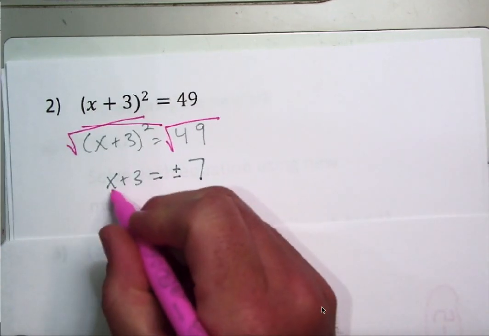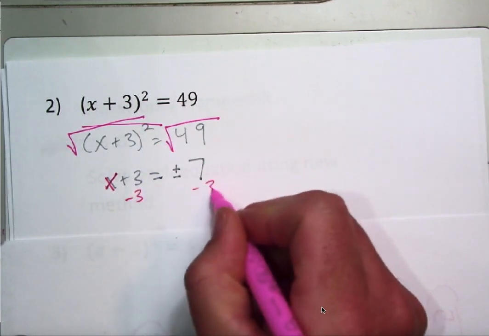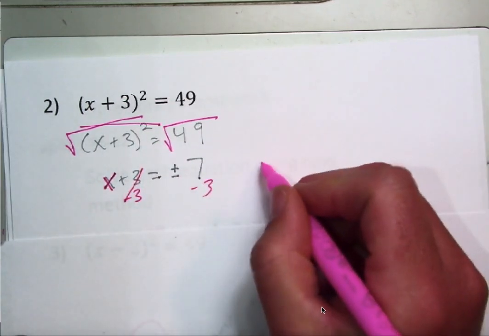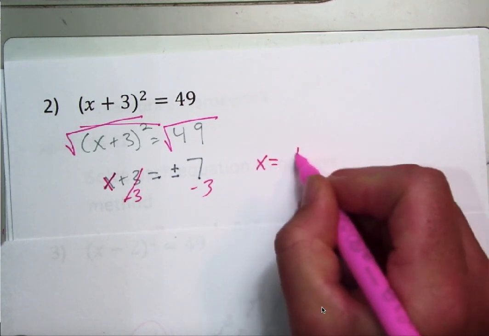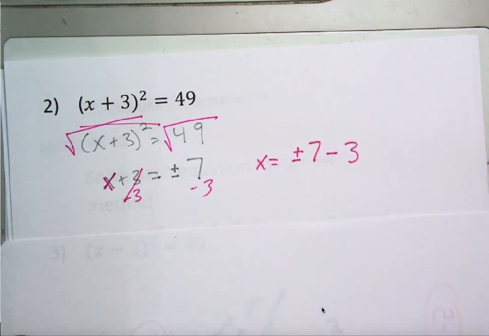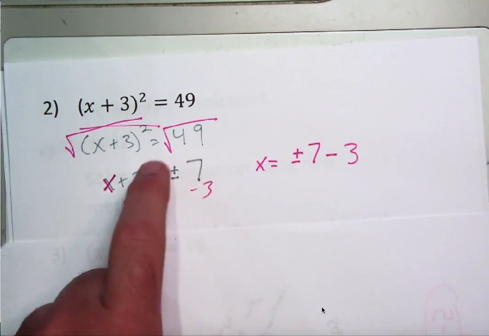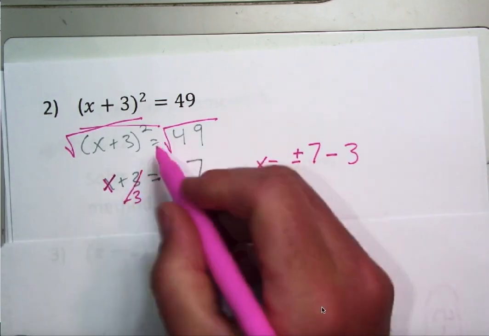And then, to get x by itself now, we undid that square. We just do that take away 3. So x equals positive or negative 7 minus 3. But be careful. The square root of 49 is, when we take it, we get both a positive and negative answer.